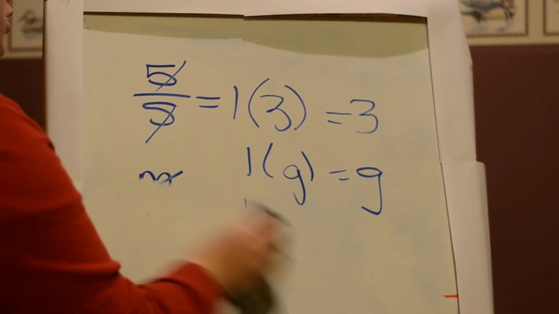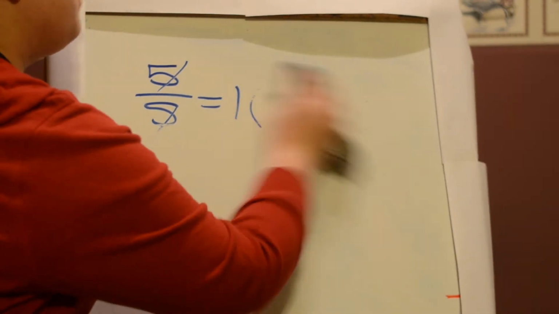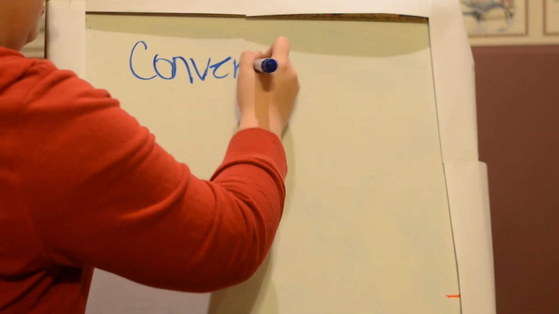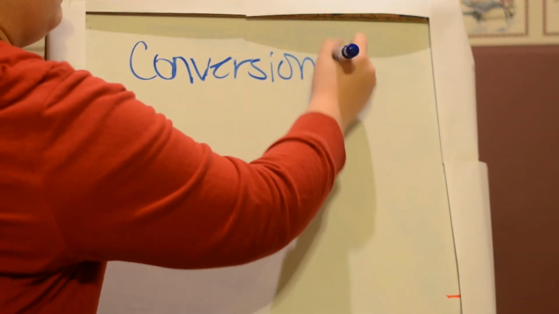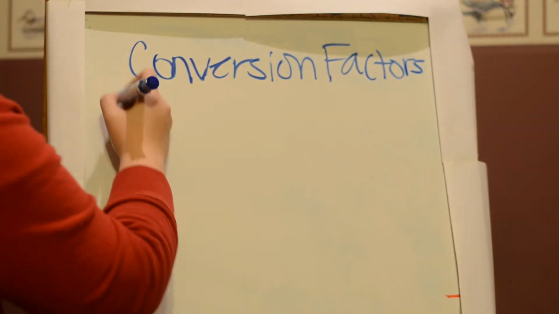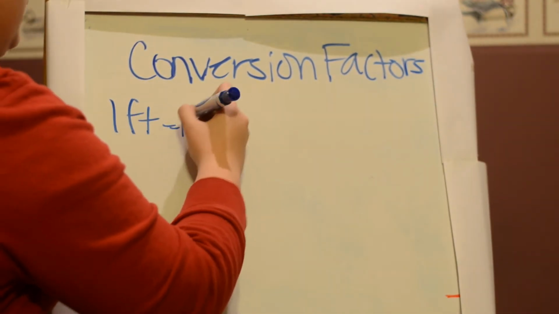Okay? So now we're going to talk about conversion factors. We've been doing these since like 3rd or 4th grade, and they're nothing trippy, but they might be in a little bit different format than you might have seen before. We know that 1 foot is equal to 12 inches.